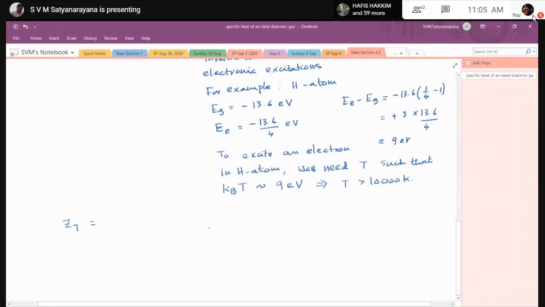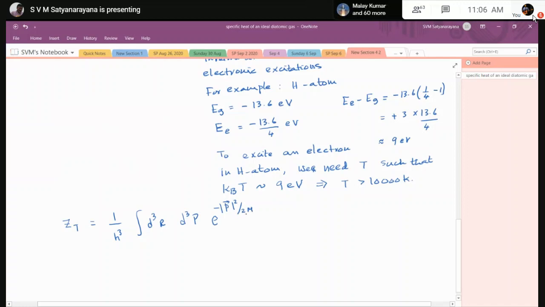So we are going to have an integral that is 1 over h cube into integral d3R, center of mass position, and d3p, center of mass momentum, and e to the power minus p square by 2m. This is the total mass of the system.